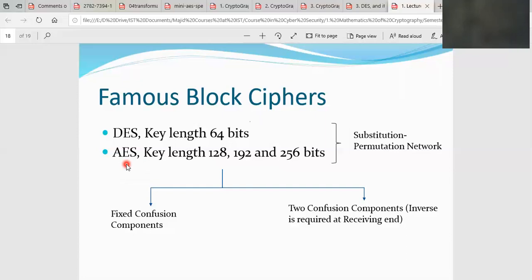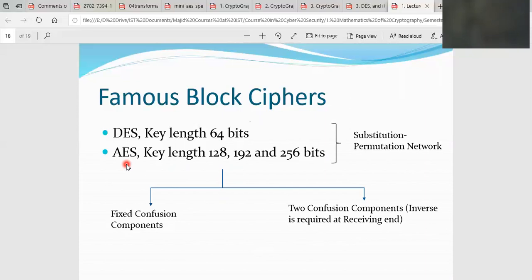How can we perform confusion? We can perform confusion with the help of a nonlinear component, which we call substitution boxes. For diffusion, we perform permutations, as we did when developing the Hill cipher based on permutation. The same is the case in DES and AES: we have substitution as well as permutation steps.